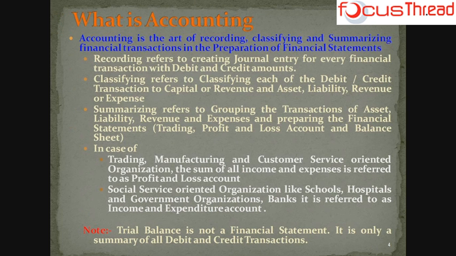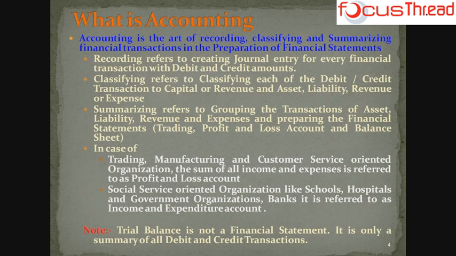When we create an accounting entry, we first classify it. Classifying means whether it is a debit or a credit, and then we summarize it. Summarization means we make sure that whatever the debits or credits are, they are equal. So a journal entry consists of 2 parts, debit part and credit part, and the debit side and credit side must balance.